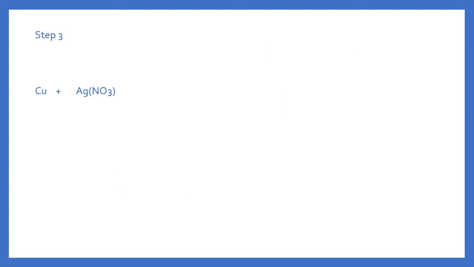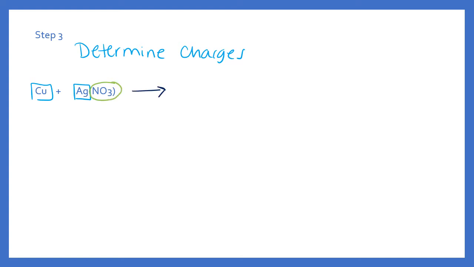Okay. Next step is to determine charges. So I had my copper, my silver, my NO3, creating Ag plus CuNO3.